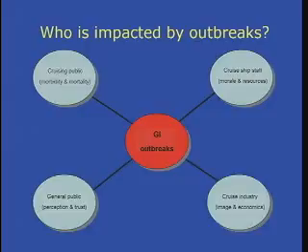Who is impacted by outbreaks? Do you think the general public is impacted by outbreaks of acute gastroenteritis on cruise ships? Sure they are. The public's perception and trust of the cruise industry is adversely affected as a result of each outbreak, whether it occurs on a specific cruise line or specific cruise ship, whether or not they're sailing on that cruise ship.